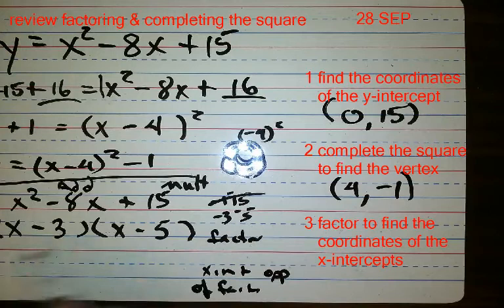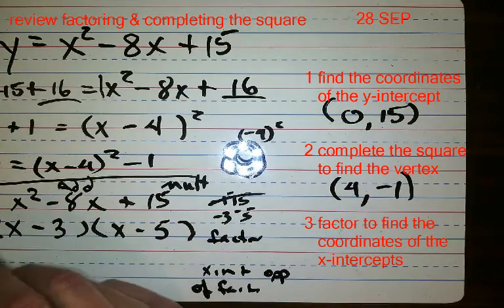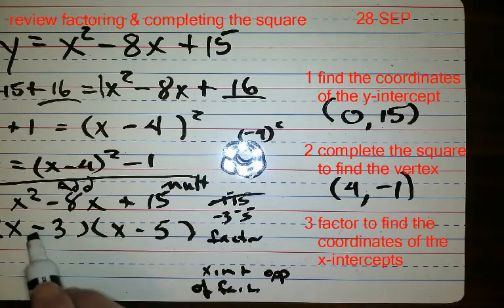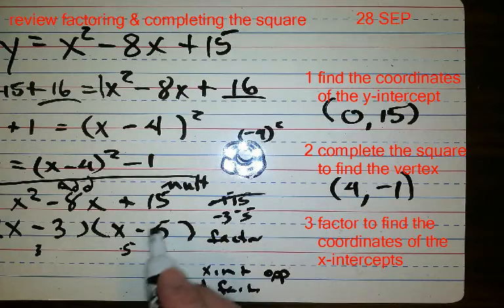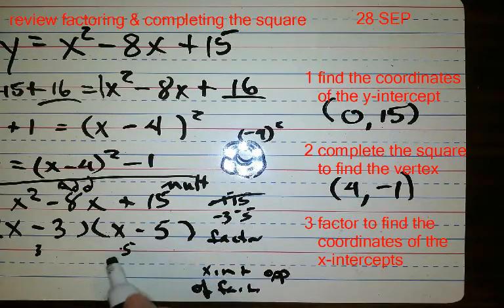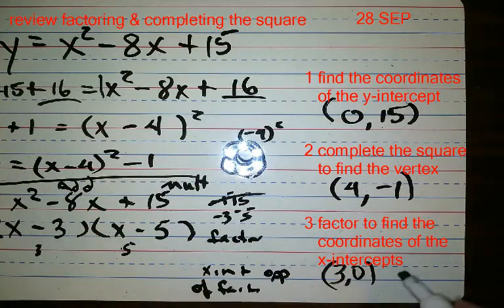Or you could say, what makes the factor equal 0? 3 is what makes this side equal 0. So one of the x-intercepts is 3. And the other one is 5, because 5 is what makes this equal 0. The opposite of what's inside. So what are the coordinates? It would be (3, 0) and (5, 0).